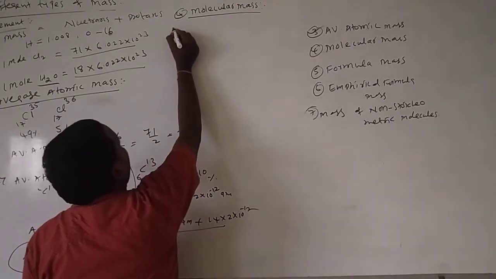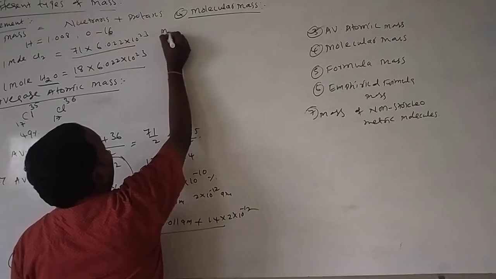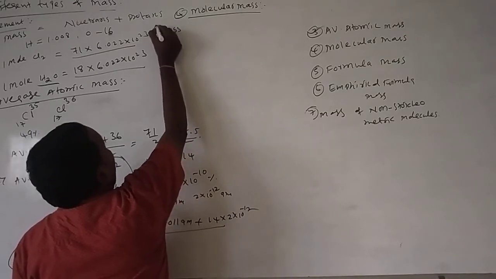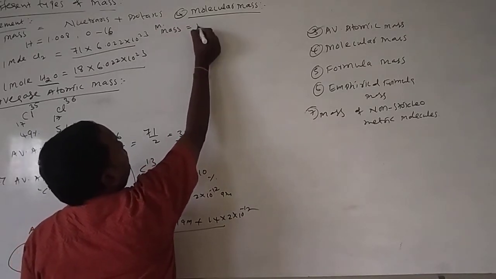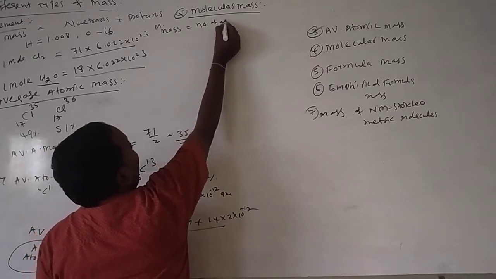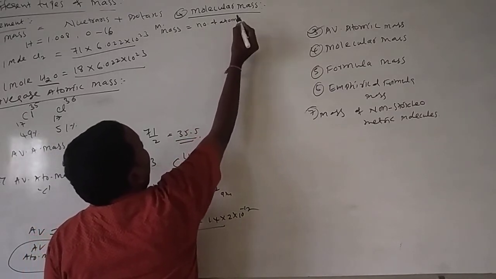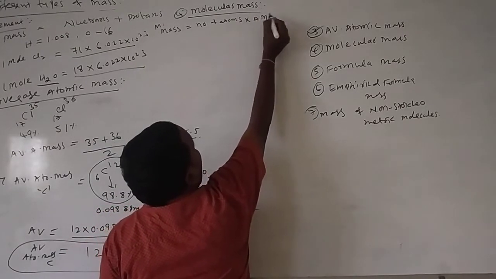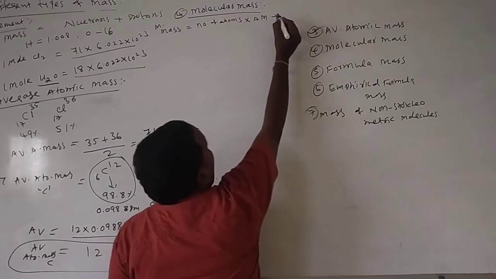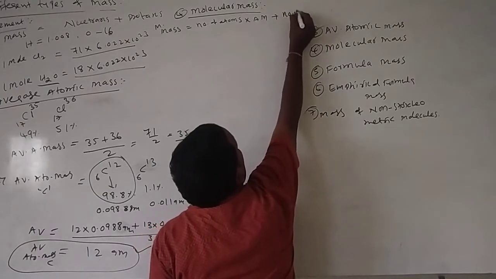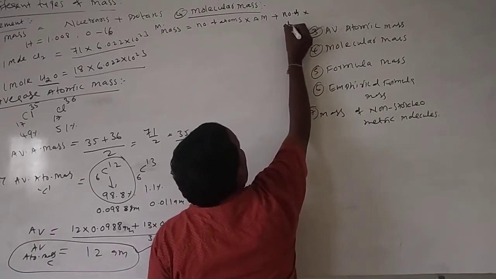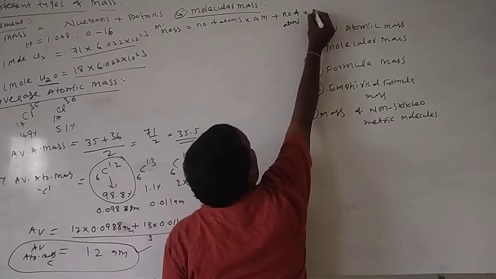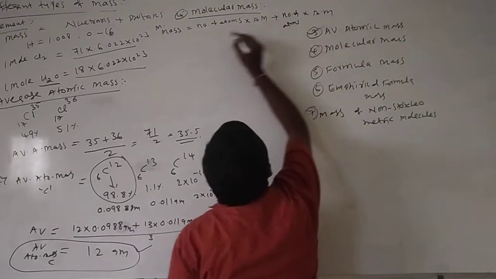Here I tell you first: what is the principle for molecular mass? Molecular mass is equal to number of atoms into atomic mass, plus number of atoms into atomic mass. This is the principle.